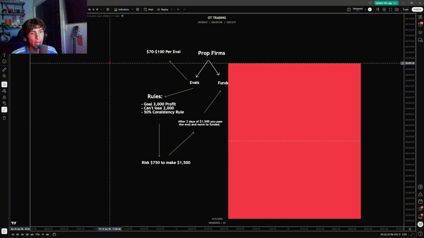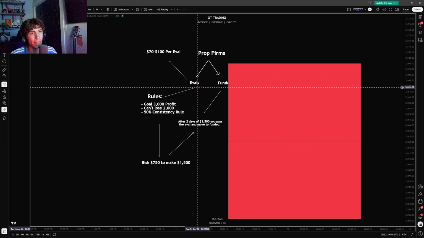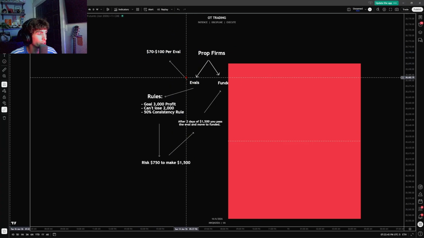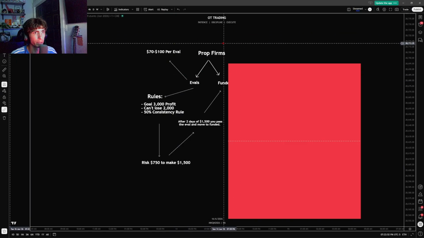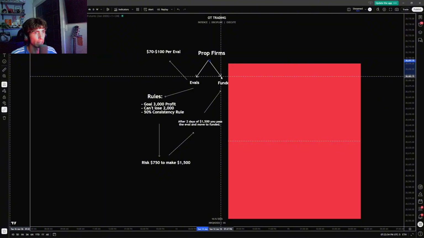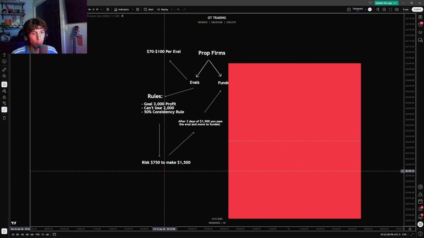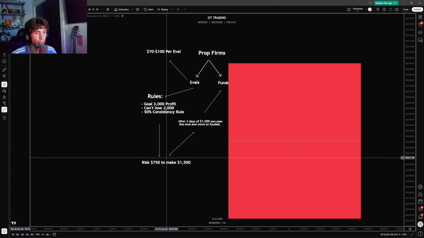If I buy a set of evals, which would be 5 at $100 each, so if I spent $500, my return on investment, if I pass the accounts and get a payout, would be almost $10,000 if I go for max payout. So prop firms is an ROI game, and you've got to put risk on the table, especially on your evaluation. How I go about this, I risk $750 to make 1.5K.